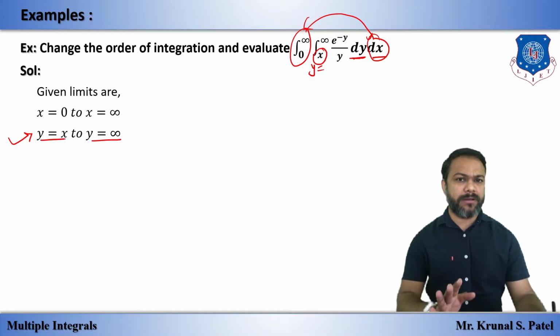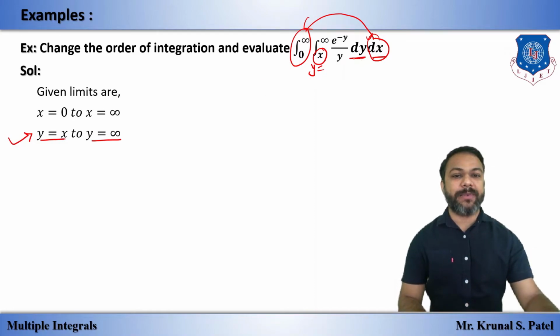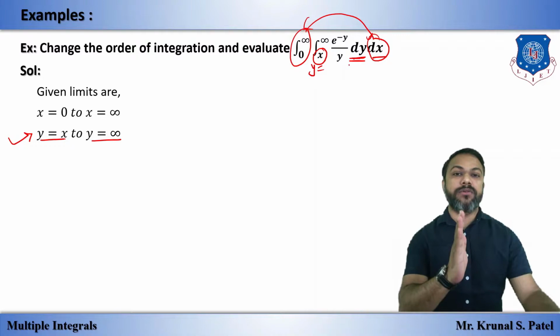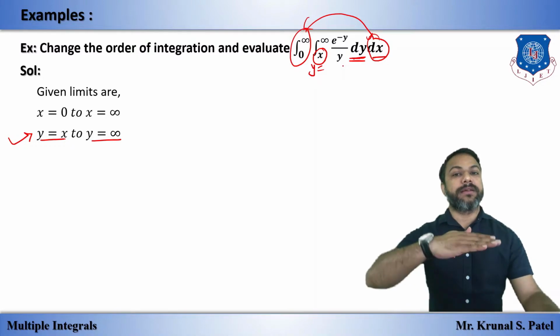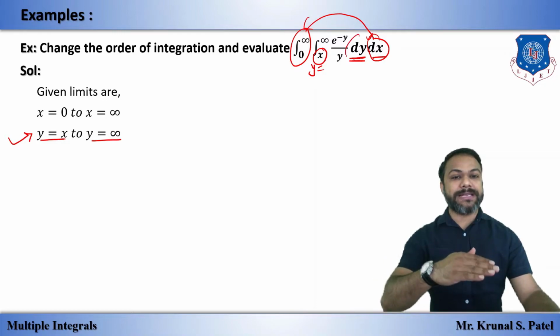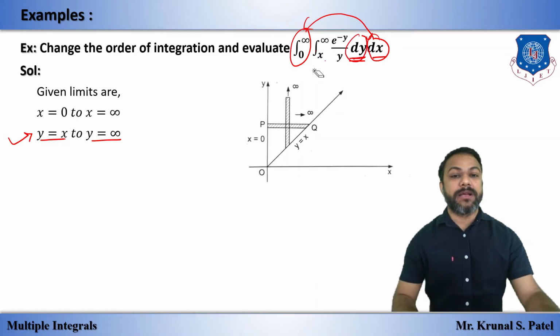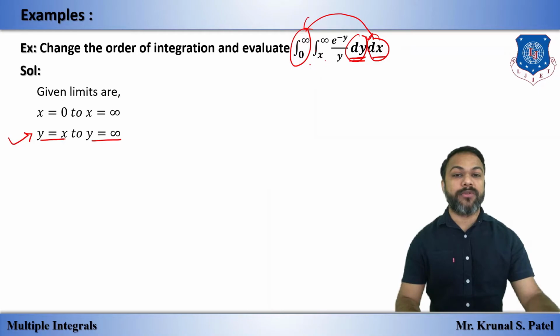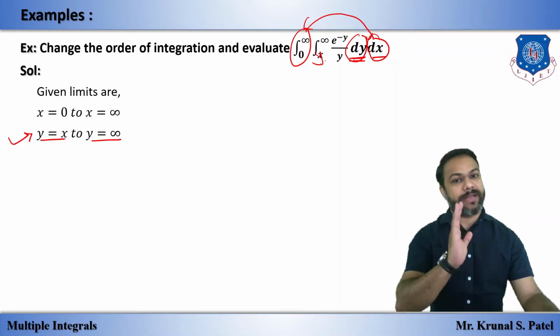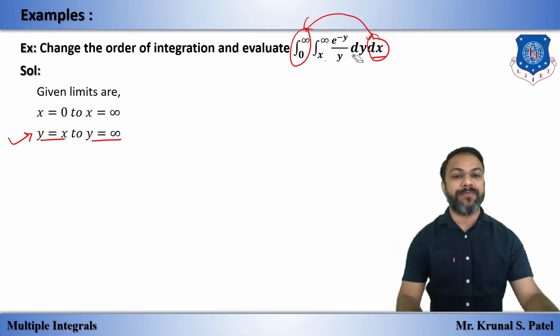I am also giving a hint: if the inside limit is of y, then the given strip is vertical, and you have to make it horizontal by change of order. If dx is inside, that means the limit is in the form of y, then the given strip is horizontal and we will make it vertical. This is our concept.